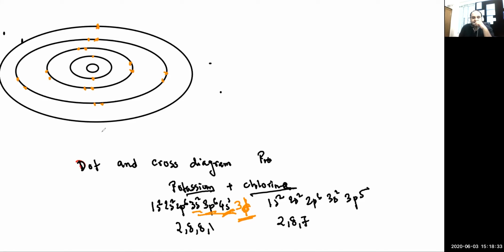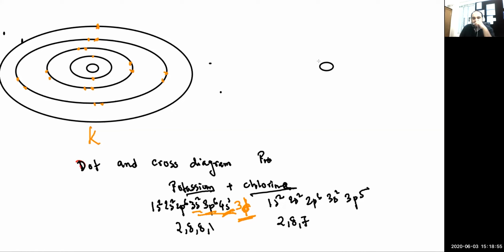So this is potassium, and then we have chlorine. Let's draw something similar.